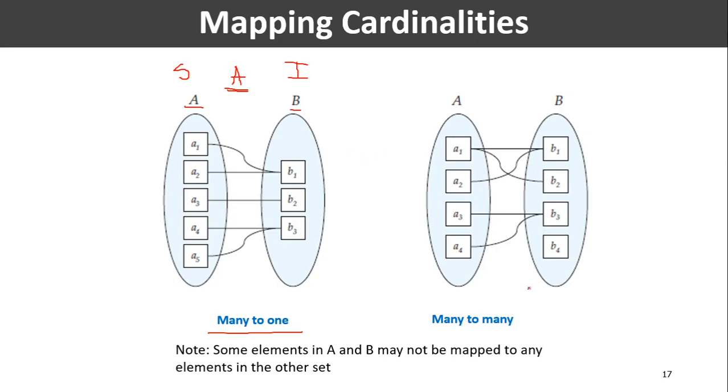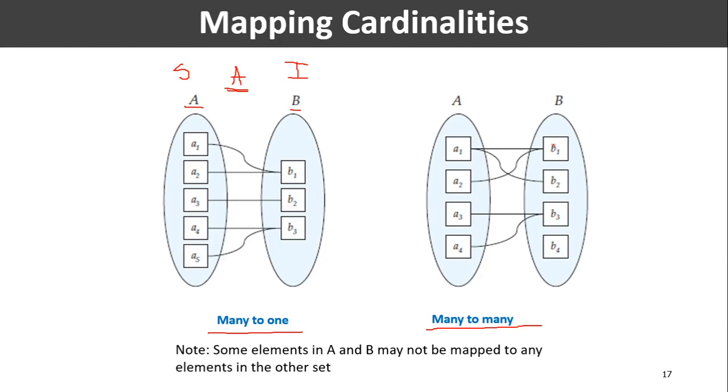Okay. Now let us proceed to the last kind of mapping cardinality, and that is many-to-many. So what do we mean by this many-to-many mapping cardinality? Obviously, as the name suggests, an entity set A and an entity set B are associated with some relationship set.